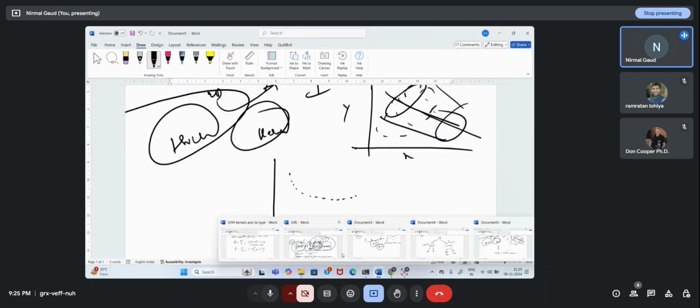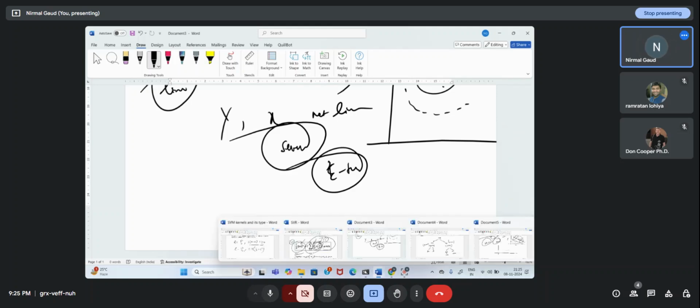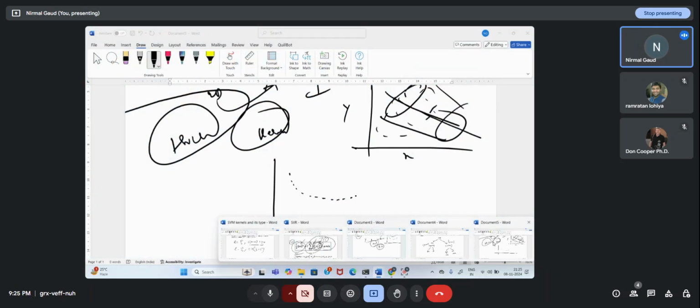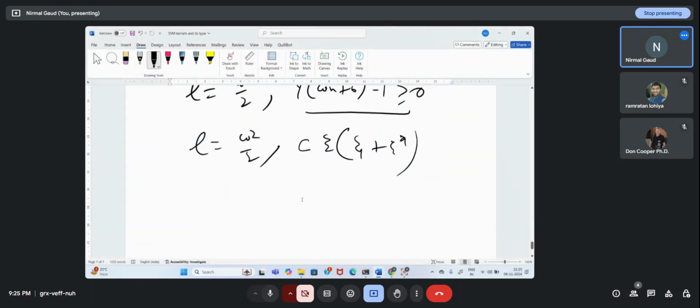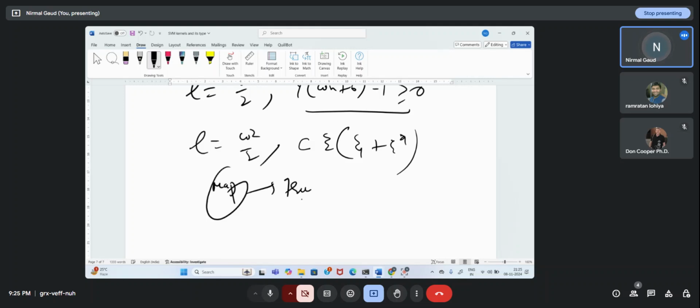And the rest is what you have to follow: the kernel trick. That's what you follow to solve problems which are not linearly separable. What will it do? It will map, and mapping is just like transformation, but internal.